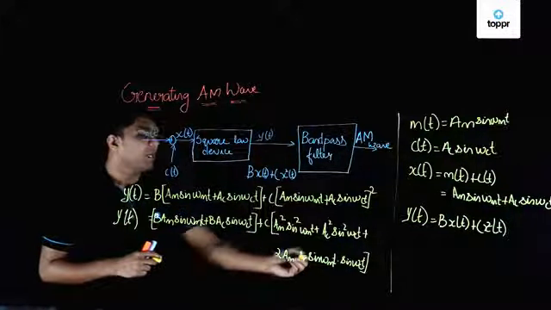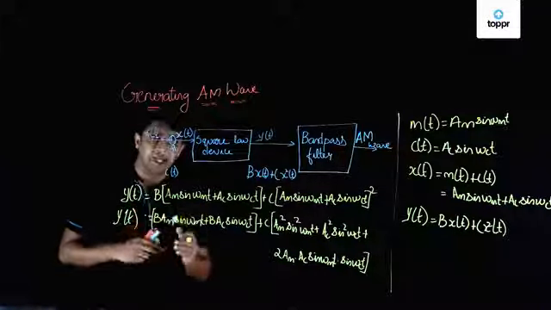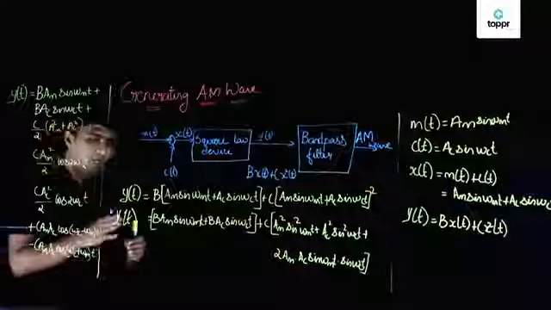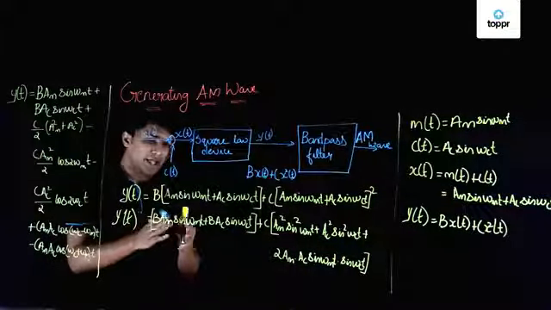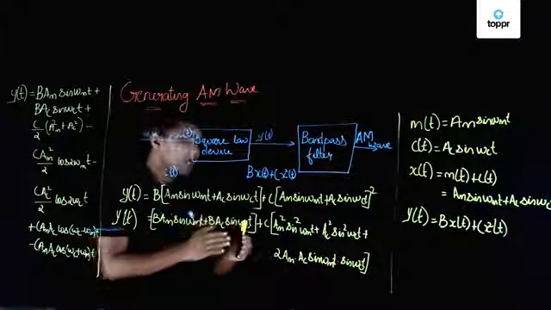So now it's very hard to remember after substituting all these things. So what we have to do is, by substituting the trigonometrical values, we can simplify it, right? The equation which we have now is y of t equal to b Am sin ωmt plus b Ac sin ωct plus c Am squared sin squared ωmt plus c Ac squared sin squared ωct plus 2c Am Ac sin ωmt sin ωct.